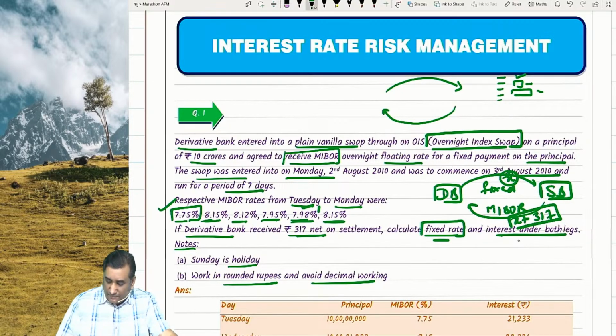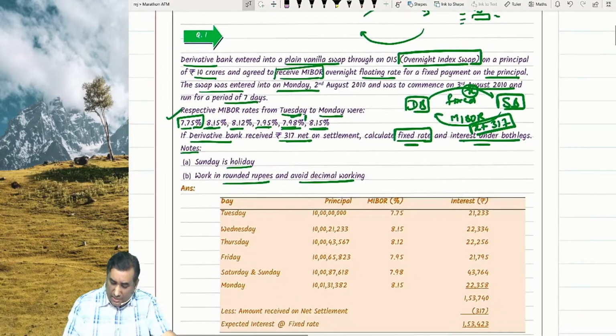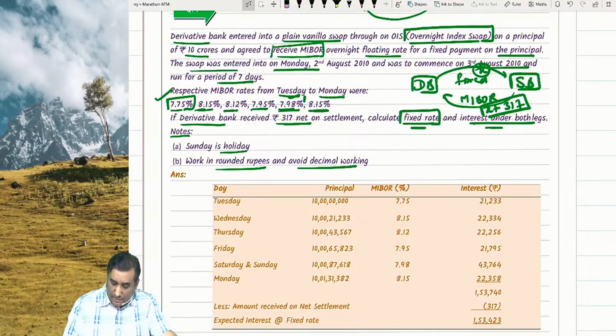Calculate the fixed rate and interest. Since we know the rates under the floating leg, we can calculate if 10 crore is the principal. MIBOR is 7.75, and that rate we can apply. How is this calculation done?